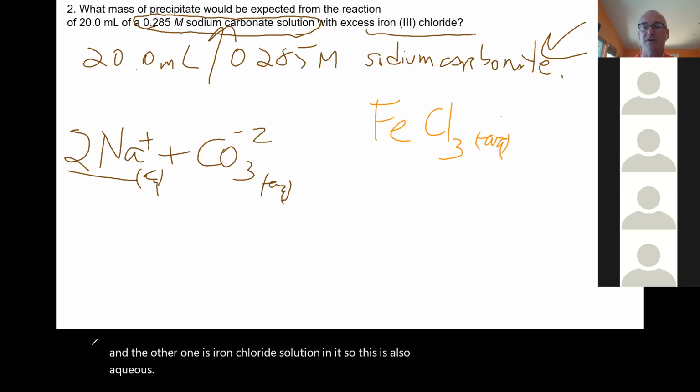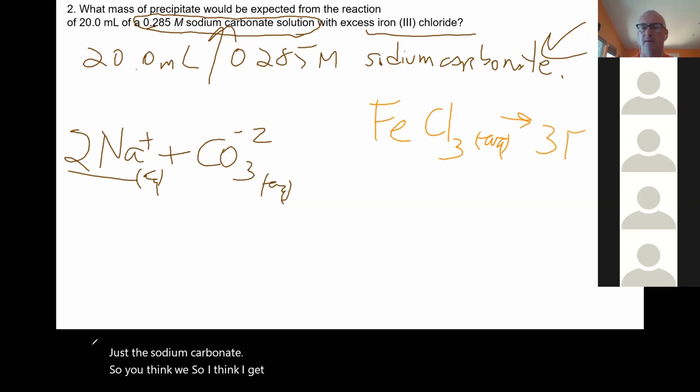So when that dissolves into water, what do we get? Just like the sodium carbonate, I think I get 3 moles of Fe and 1 Cl.